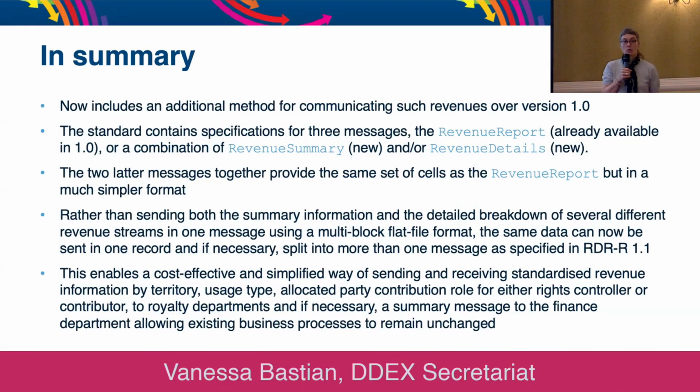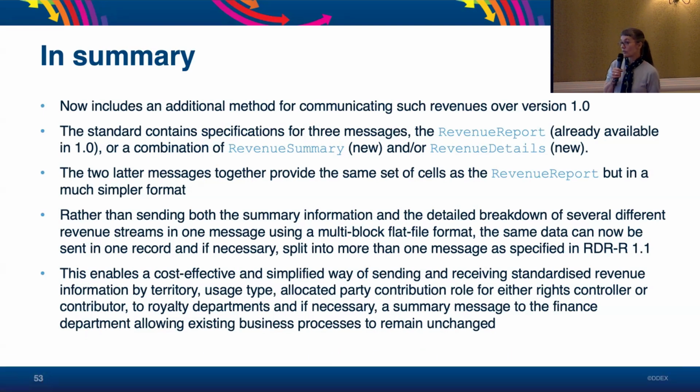So one document that outlines the specifications for the Rdr and Rdr R 1.1 includes messages that are in both, so one message in the old structure and two messages in the new structure. So the addition of it is the two new flat messages.